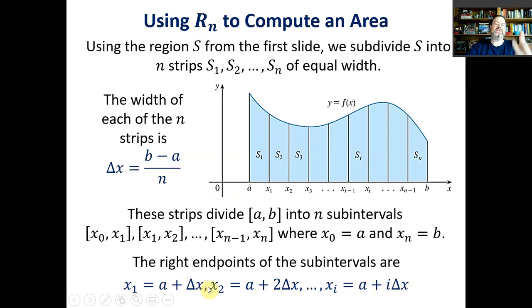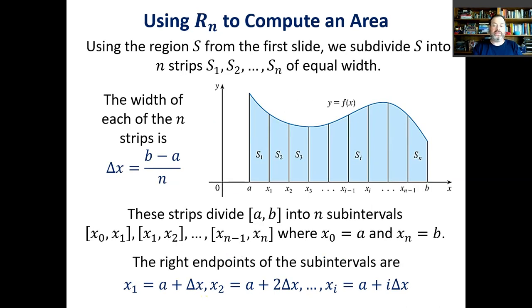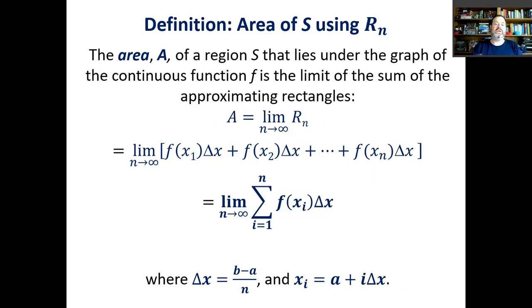So we're able to simplify: instead of filling in x1, x2, xn with numbers, we can just replace them with the formula a plus i delta x. And what you end up with is a formula that looks like this. So this is the definition. This is what we're going to do moving forward.